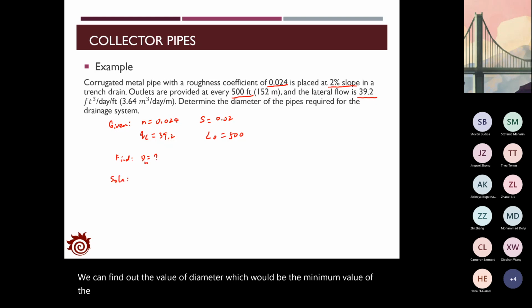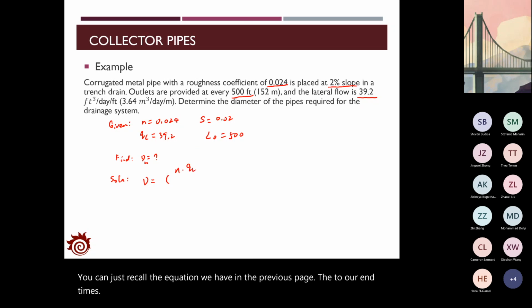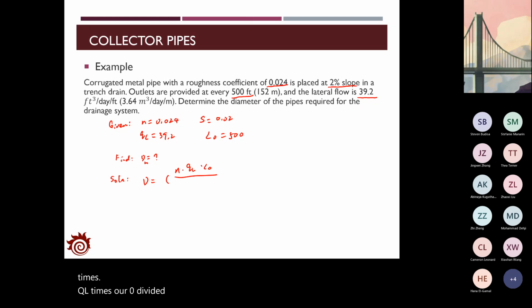So in the solution, we can just recall the equation we have on the previous page. D equals n times Q_L times L0 divided by 53 times S to the power of 0.5, all to the power of 0.375.